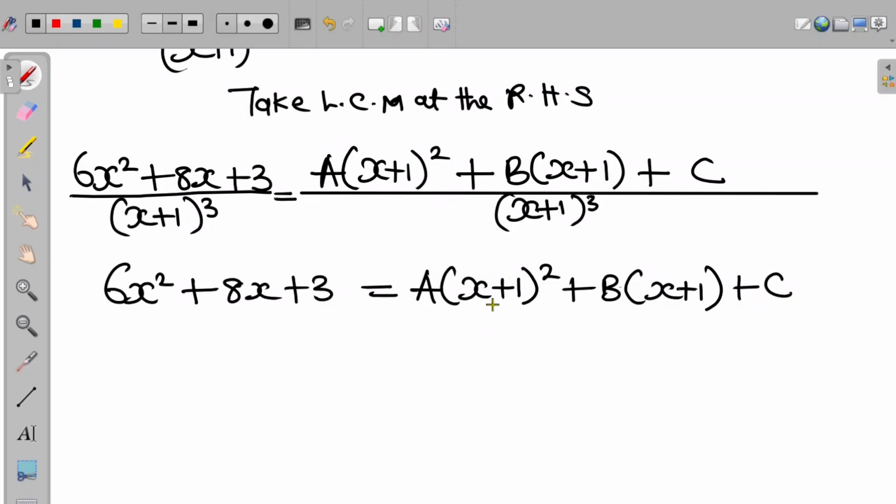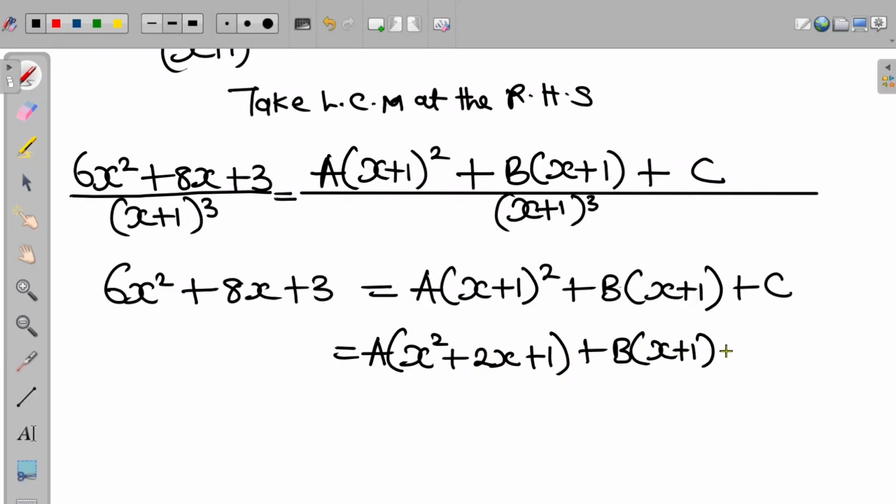Now, we have to expand this bracket here. So this can be expressed as a(x squared plus 2x plus 1) plus b(x plus 1) plus c. Now at this point, let's open up the brackets.